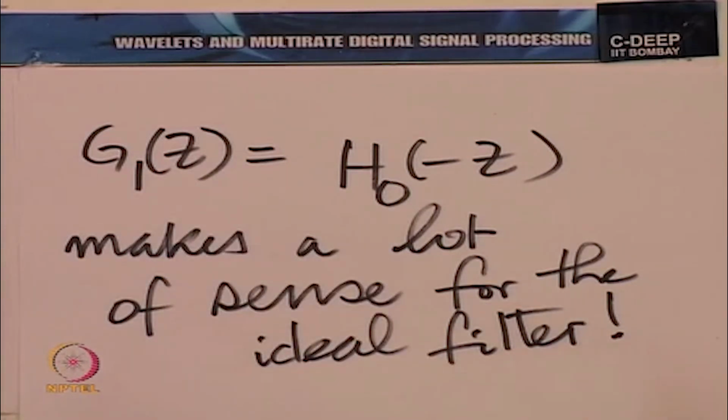And you know, if you look back at the other one of the two, namely G 0, you would make a similar inference. G 0 z is H 1 of minus z with a minus sign. So, if you look at the magnitude sense, again a high pass filter would become a low pass filter. In fact, I leave this to you as an exercise.